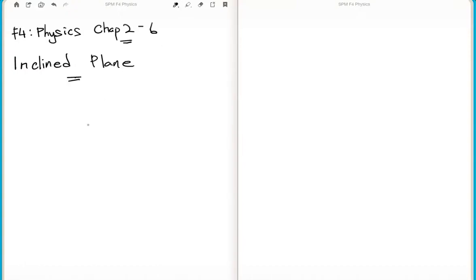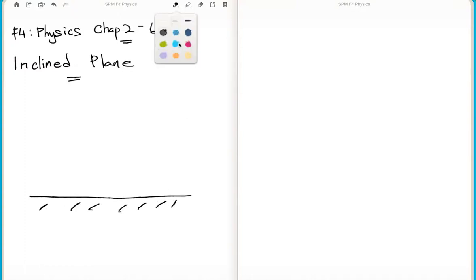Now in this video, I'm going to show you Form 4 Physics, Chapter 2, Part 6, Inclined Plane. Just before I get started with this chapter, what I'm going to show you here is a mechanism. From the floor, this is the ground I have. If you're given a plane, this plane is actually a piece of wood maybe.